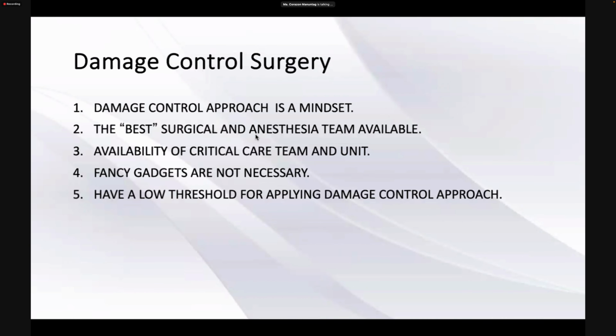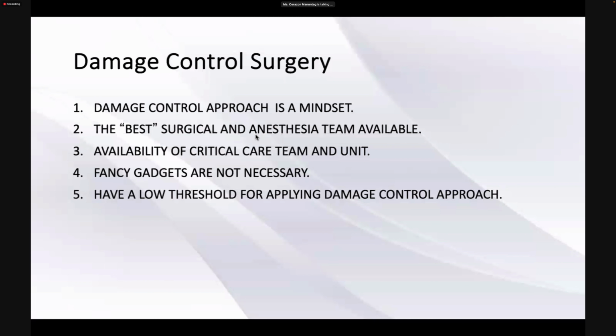So damage control approach is a mindset that begins in the first 5 to 10 minutes of evaluating that patient. Meaning, sa ER pa lang, pag nakita mo na masyado nang marami yung blood loss, your patient is in extremis, nasa mindset mo agad yung option na damage control, na all you want to do is to quickly control the bleeding. The best and surgical anesthesia team available should be employed for the damage control surgery.